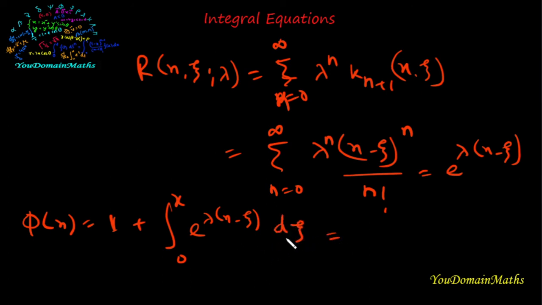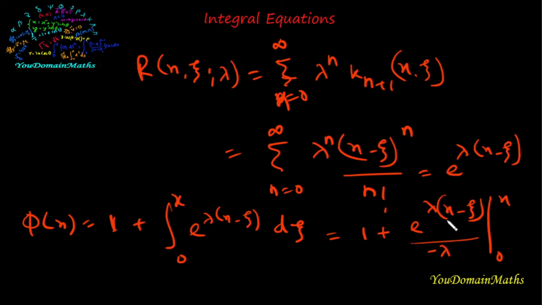So integrating with respect to xi, we find the solution e to the power lambda (x minus xi) divided by minus lambda, with limits 0 to x, where lambda is 1.